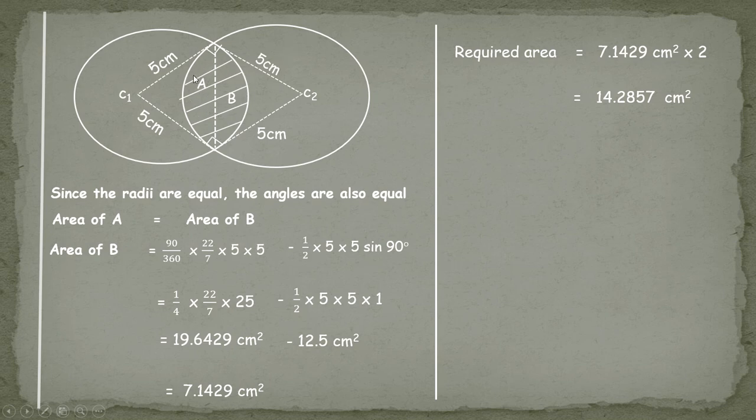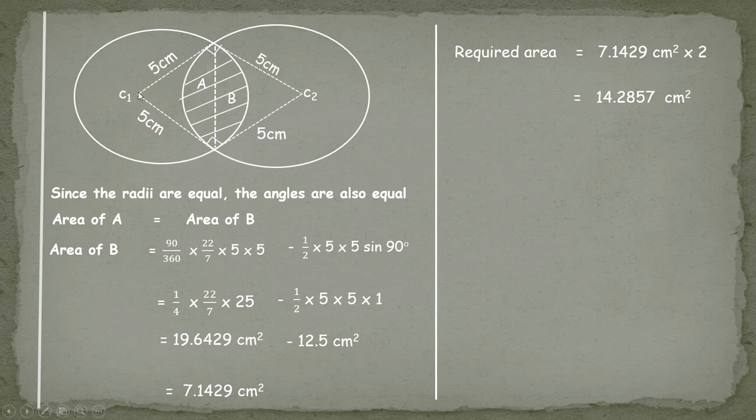If I want this area A, it means that I'm going to get the area of this sector here, minus the area of this triangle.